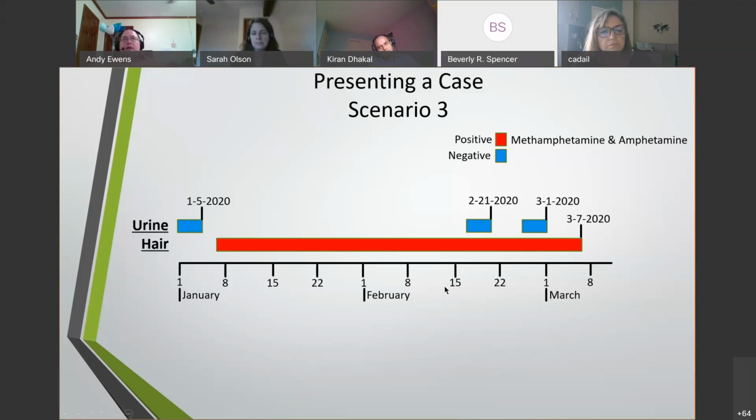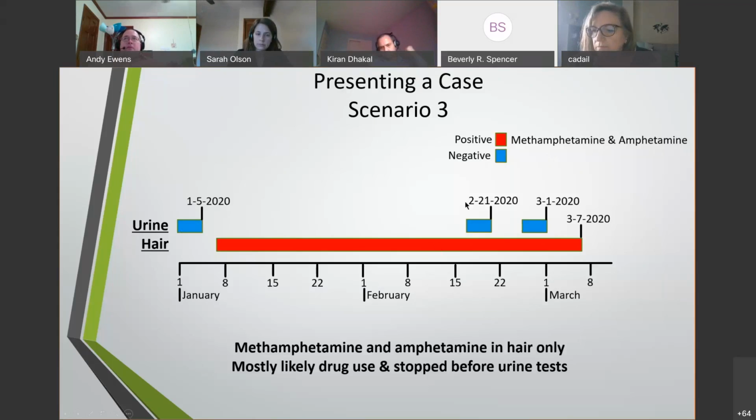Now, here we have 3 negative urine tests and a positive hair test. Both methamphetamine and amphetamine are showing up. So again, the drug was found within the person's body. It wasn't just environmental exposure. So this usually would represent a case where the person knows that the urine test is coming and they will stop taking the drug for a few days and let it clear out of their body, and then they can take the urine test and then resume drug use again.